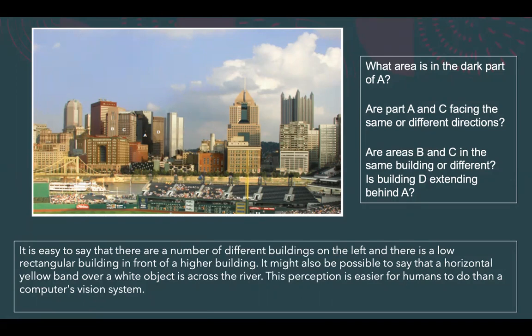And are parts B and C in the same building? And is the building of D extending behind A? For us humans, it may not be so complicated to examine the picture and answer those questions. However, perception is more difficult for a computer vision system.